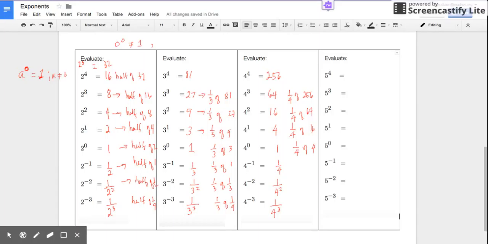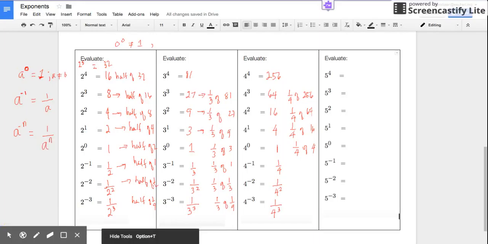And we notice that if you have A as the base and we have an exponent that is negative, let's say negative 1, then we know that this is going to be 1 over A. And so if we have here A to the negative n, then this is going to be 1 over A to the n.